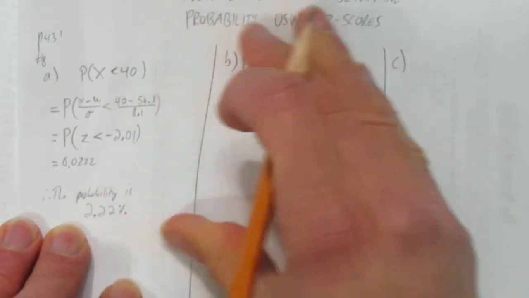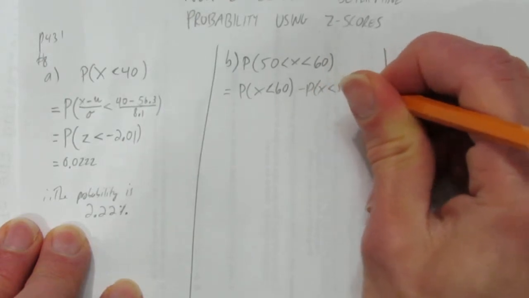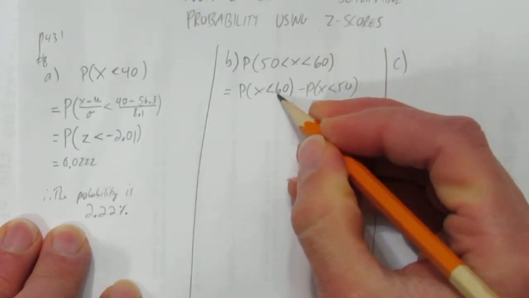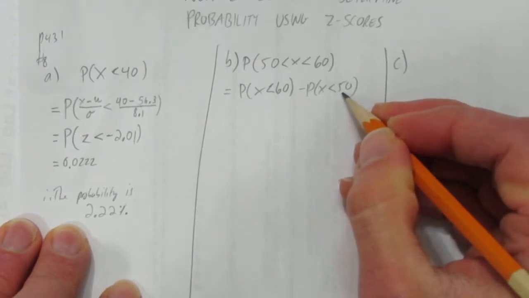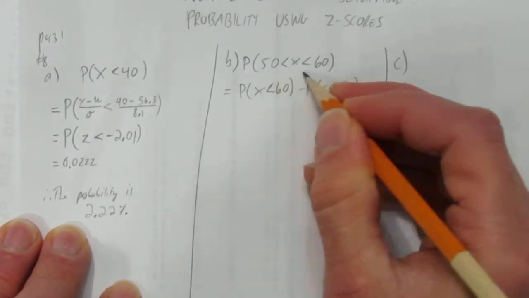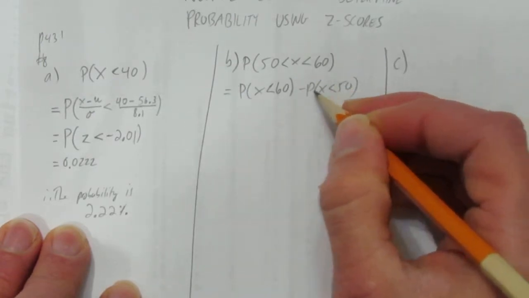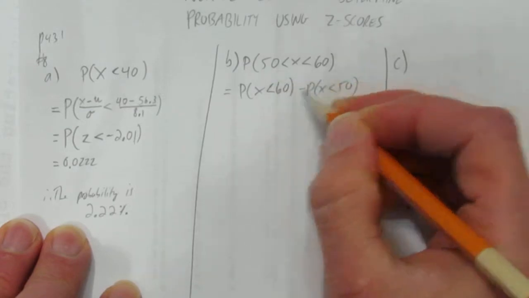So we're going to find everything from 60 below, and then subtract everything from 50 below. If you take everybody below 60% and subtract off everyone below 50%, what you're left with is between 50 and 60. Everyone below 50 is taken off. What's left? All the 51, 52, everyone in the range 50 to 60.